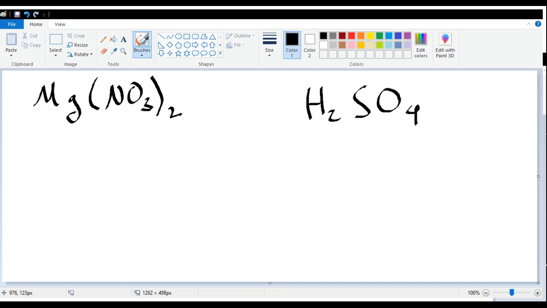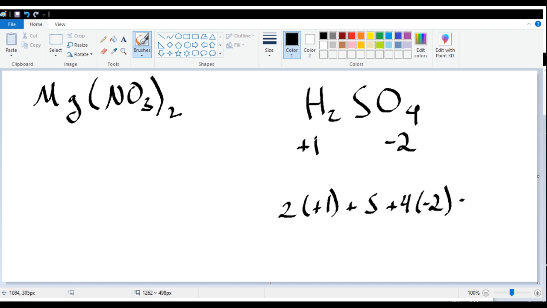H2SO4. The hydrogen was plus 1. Sulfur was, and oxygen was negative 2. 2 times positive 1, plus sulfur, plus 4 times negative 2 equals 0. 2 plus sulfur minus 8 equals 0.